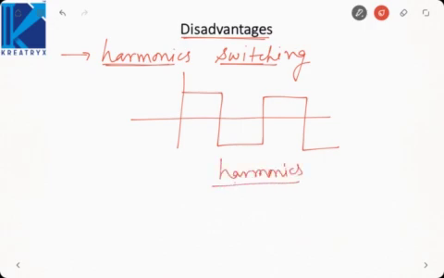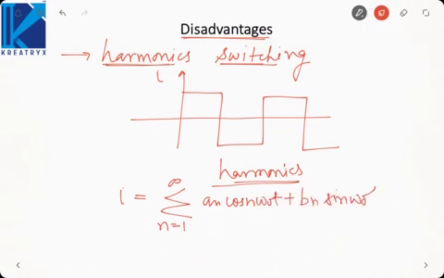What is meant by harmonics is, harmonics are the multiples of the fundamental frequency when any function is expanded as a Fourier series. Now suppose this is I. If it is expanded as a Fourier series, sigma n equal to 1 to infinity, an cos n omega naught t plus bn sin n omega naught t, then any term except n equal to 1 will be a harmonic.